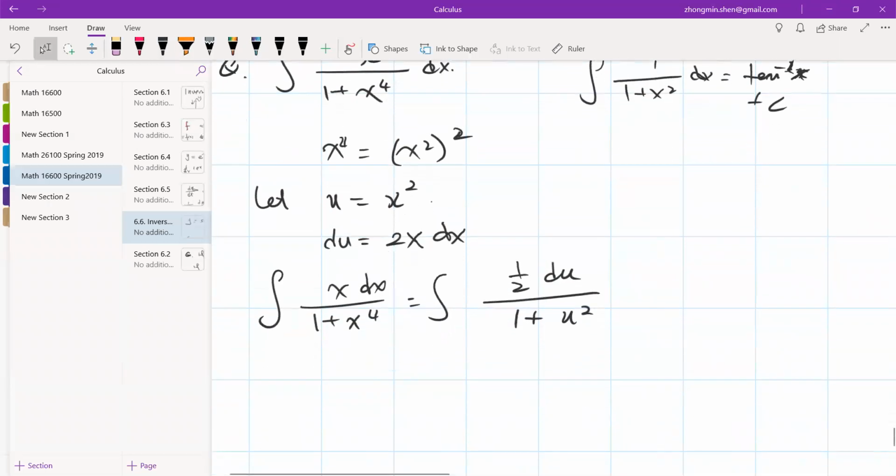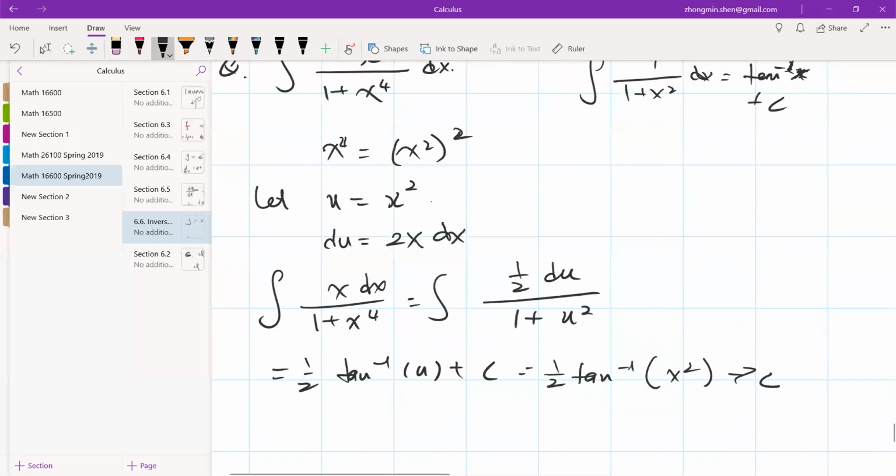Then you get half arctangent u plus constant. And u is going to be x squared, so it's arctangent of x squared plus constant. Right, so this is what we get.